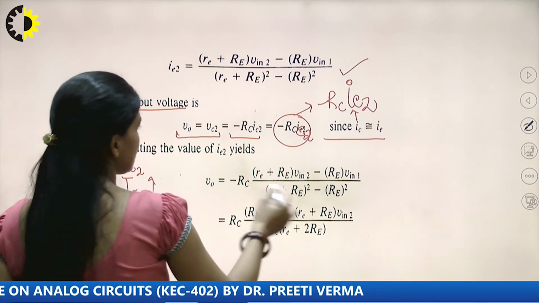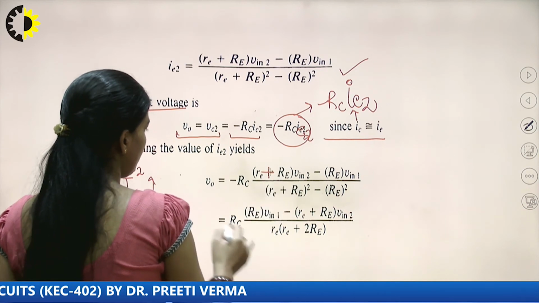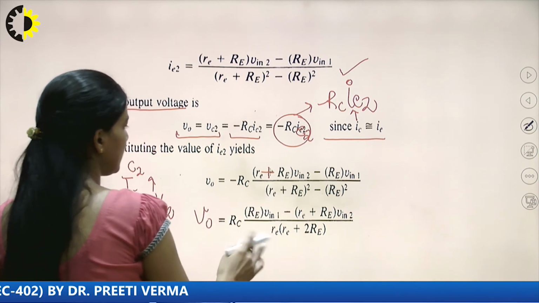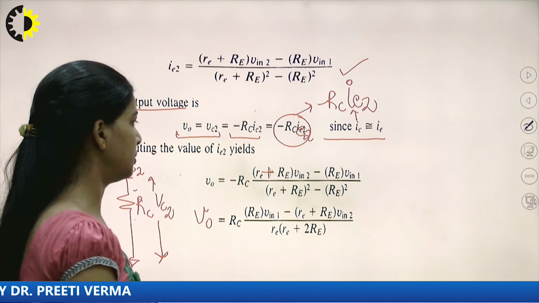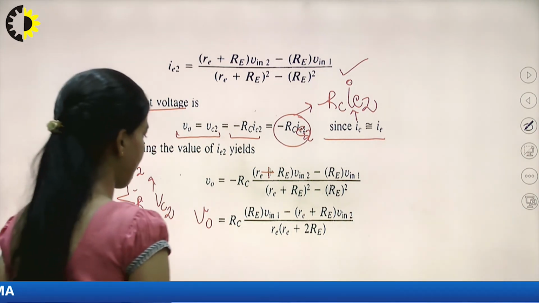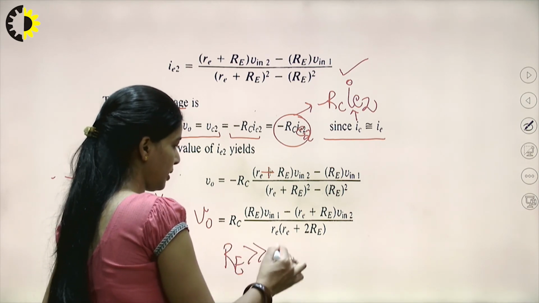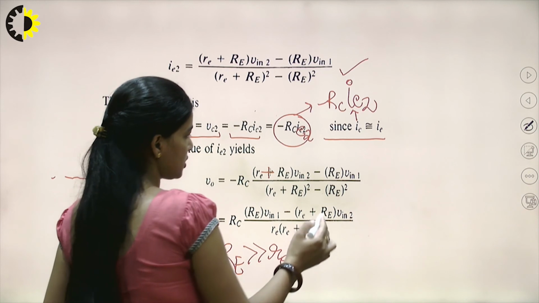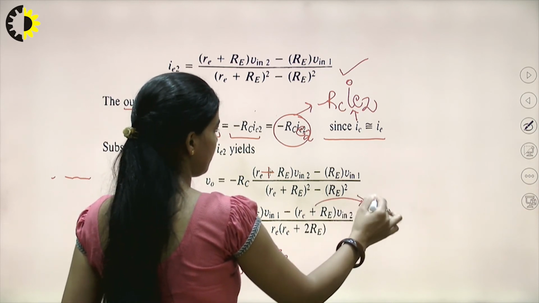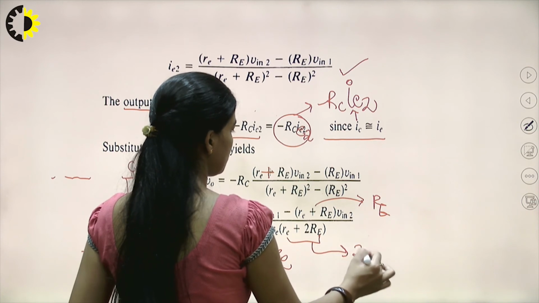So putting in this expression of IE2, we get the output voltage in this term. Here also we can simplify by following the same assumption, that is, RE is greater than small re. So this term will be reduced to RE and this term will be reduced to 2RE.